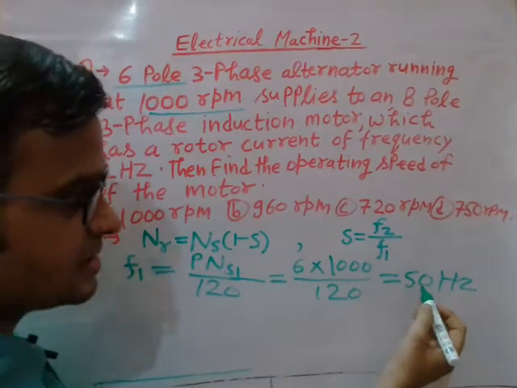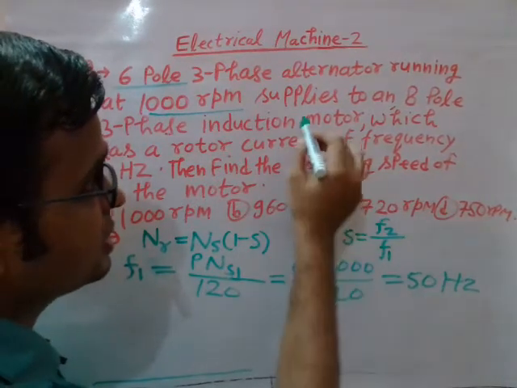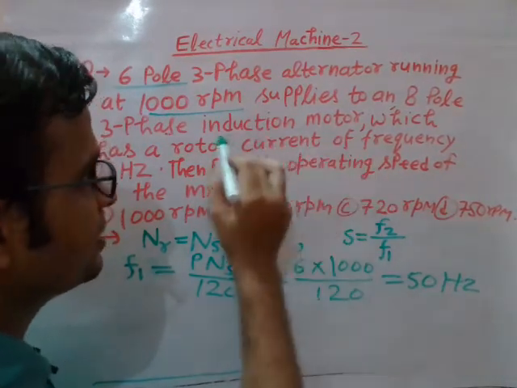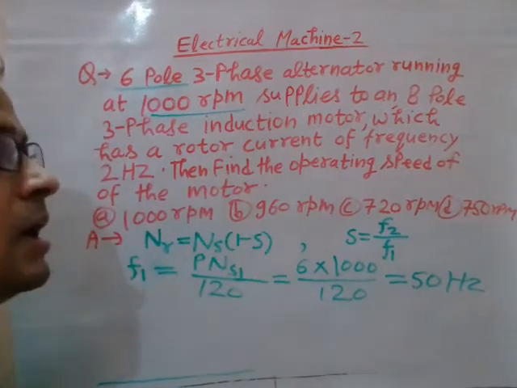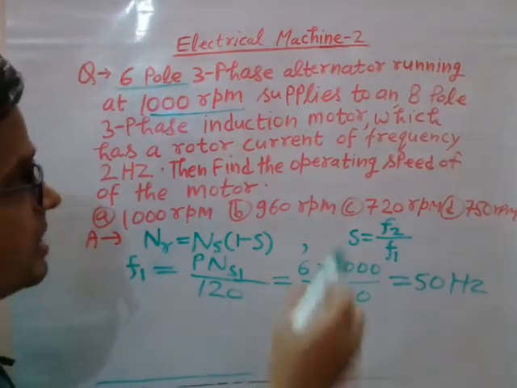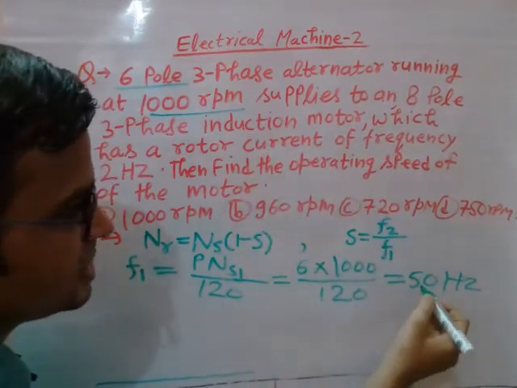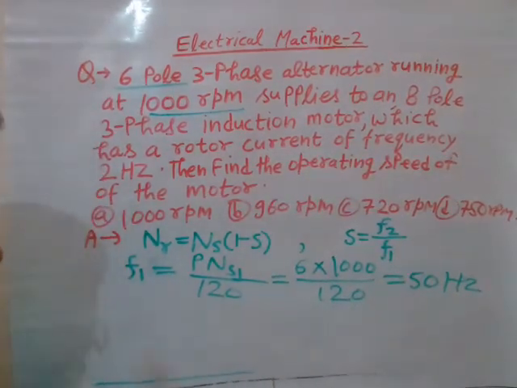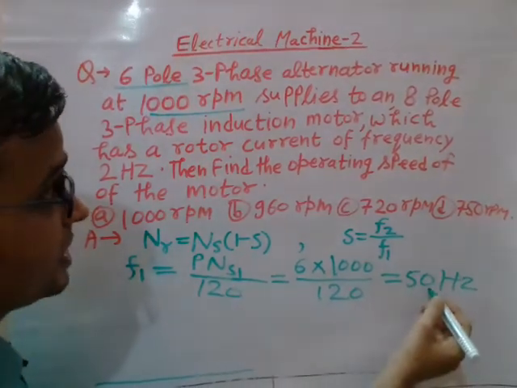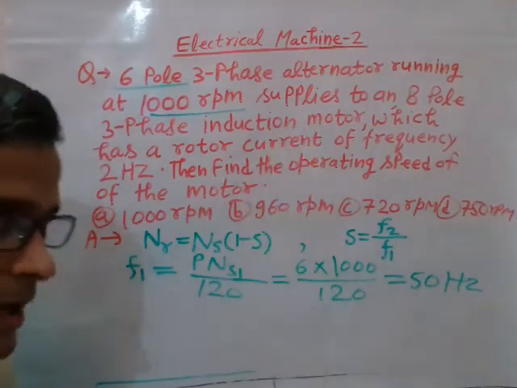Now this 50 Hertz is the frequency at which your three-phase induction motor is operating. This is the supply frequency of the three-phase induction motor. So at this 50 Hertz frequency, your three-phase induction motor is supplied.